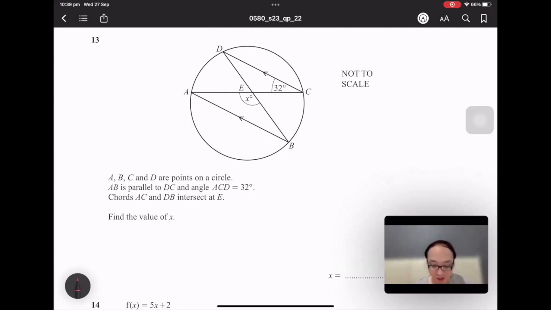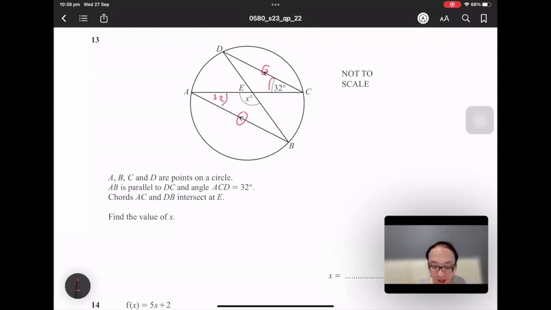So we know that they are parallel, and from here I can say, because of the parallel lines, this is 32. Yeah, this is an alternate angle.